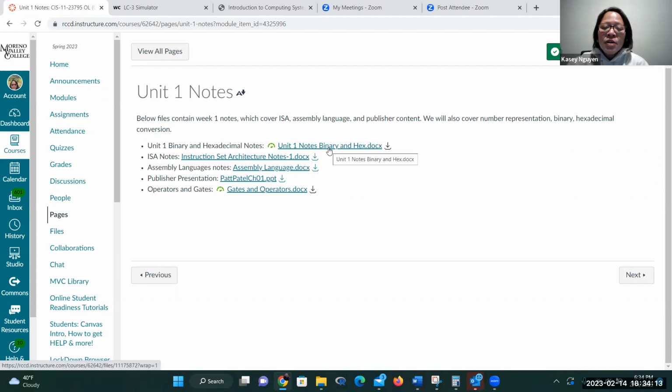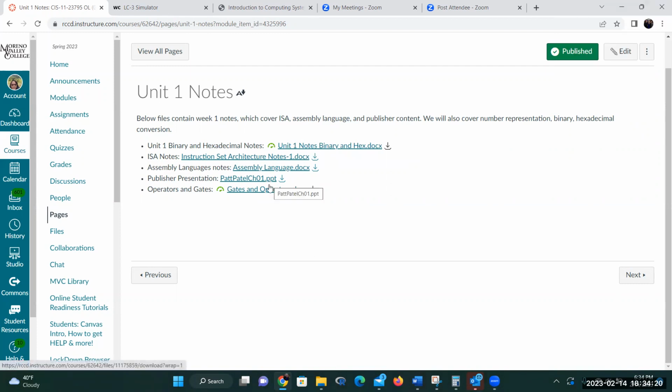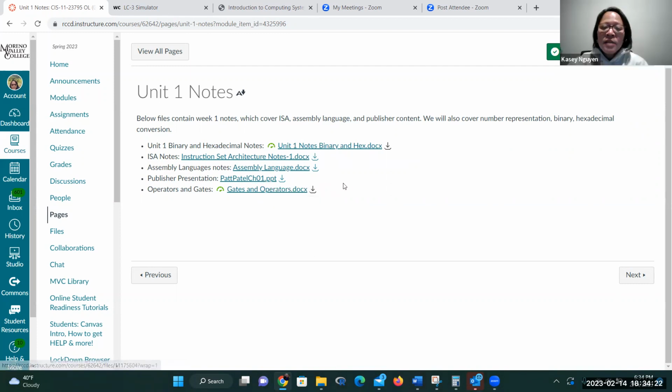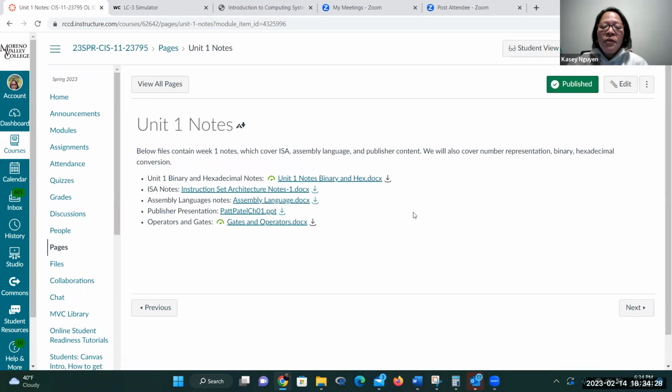So in my lecture, I normally refer to my notes, and sometimes I would refer to the PowerPoint. Sometimes I would take some of the content from the PowerPoint and put it in one document so it's easy. So you can download the notes. And when you prepare for your quiz, you can take a look at your notes and your assignments that will help you prepare for your quiz.